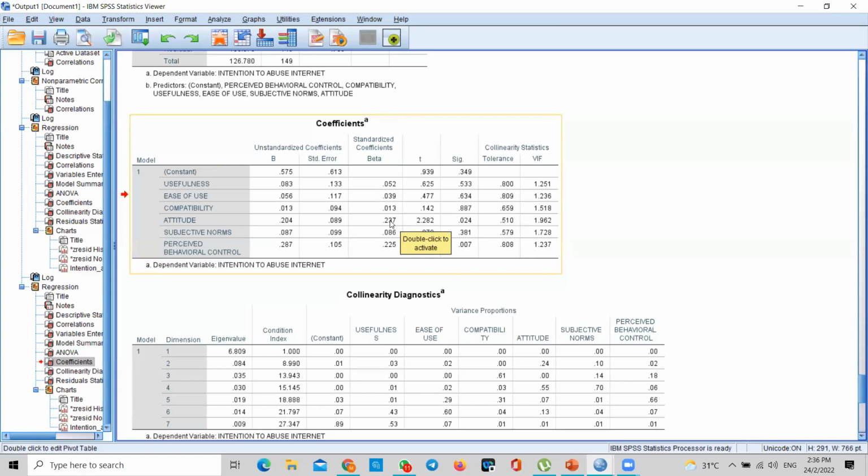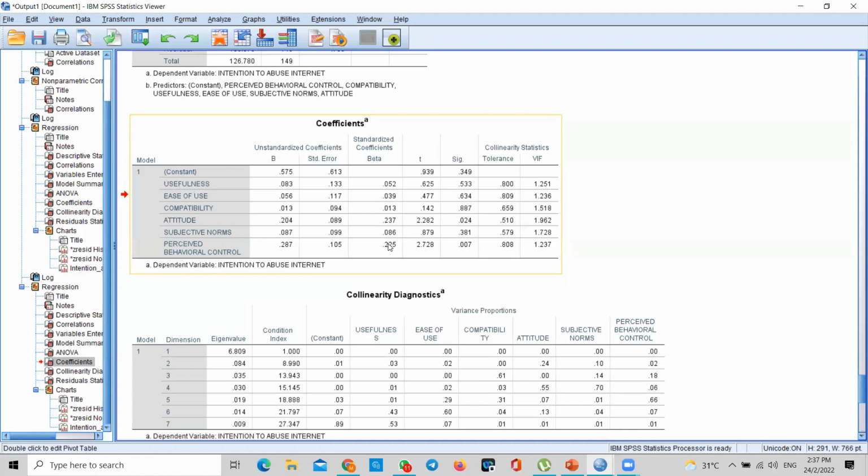The attitude, followed by perceived behavioral control, meaning you can rank them now. The strongest is attitude, followed by perceived behavioral control, followed by subjective norm. Subjective norm is not significant, so we are not going to rank it. Among the two significant variables, the strongest is attitude, followed by perceived behavioral control.